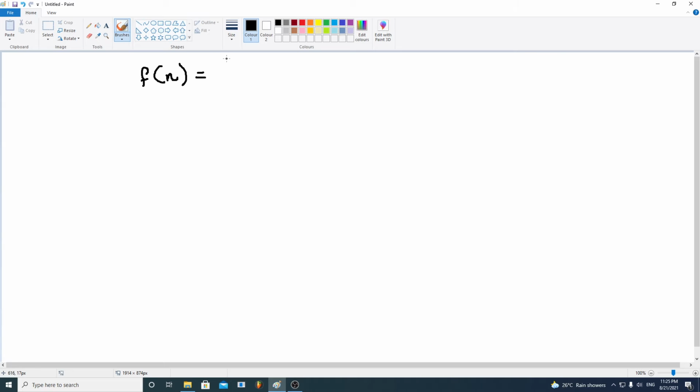F of n is nothing but a function of n, where n can be any number from 2 to positive infinity. So f of n is nothing but f of n minus 1 plus f of n minus 2, where n is 2, 3, 4 till positive infinity.